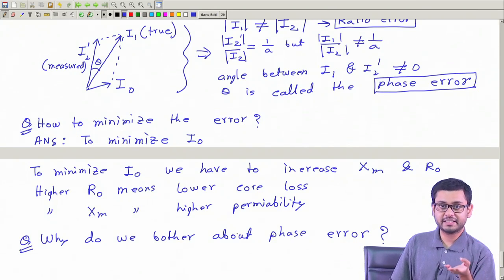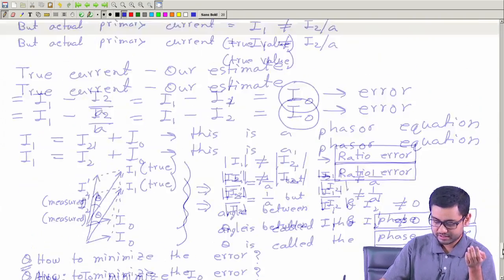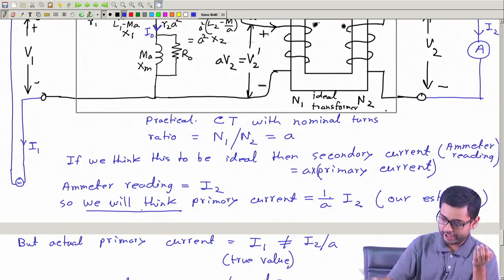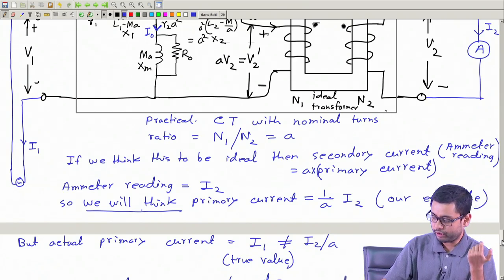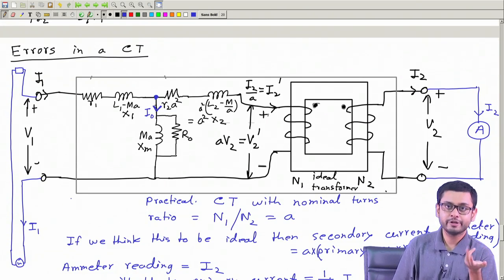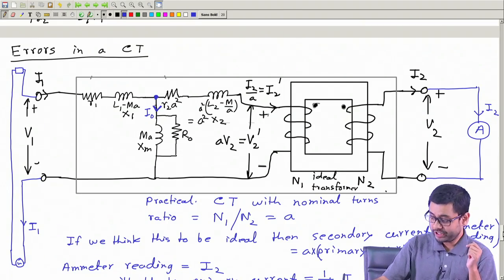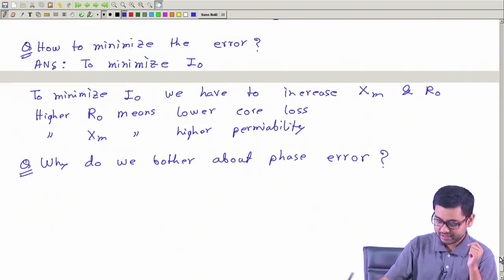If we want to just measure, say, the RMS value of this line current, why do we bother about whether these two currents I2 and I1 are in phase or not? Because we bother only about their magnitude, their RMS value. Then why do you need to bother about the phase? We need to bother about the phase.